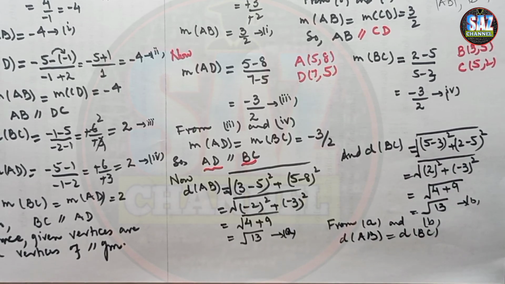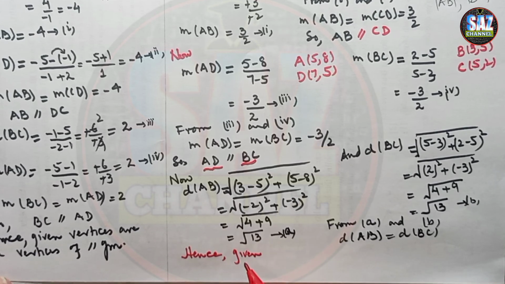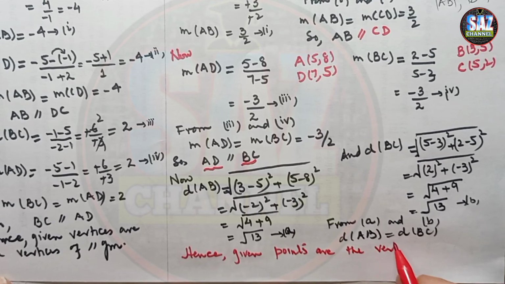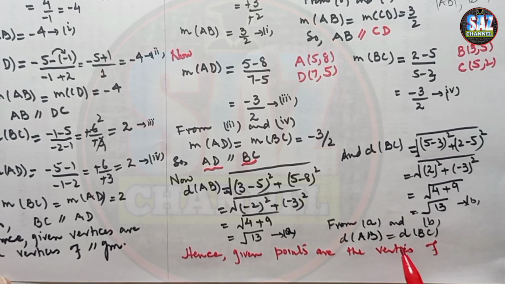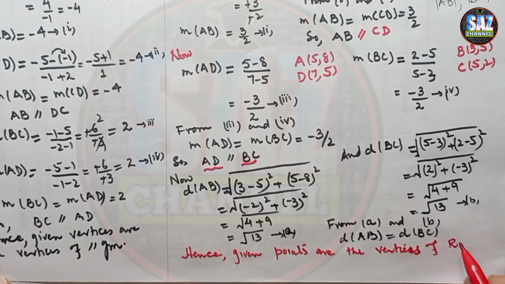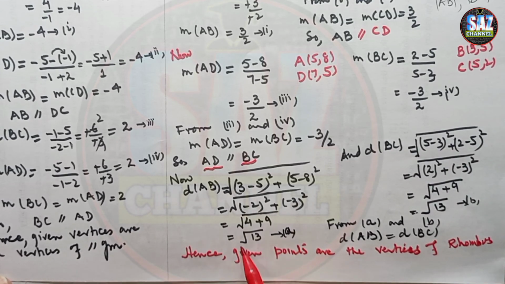That the given points are the vertices of a rhombus. We must give the conclusion statement: the given points are the vertices of a rhombus.